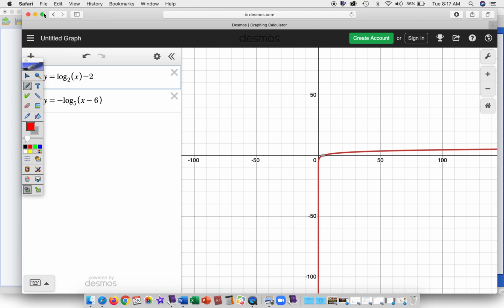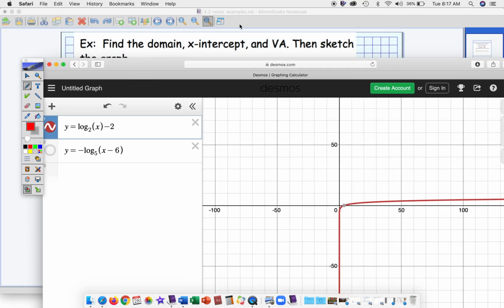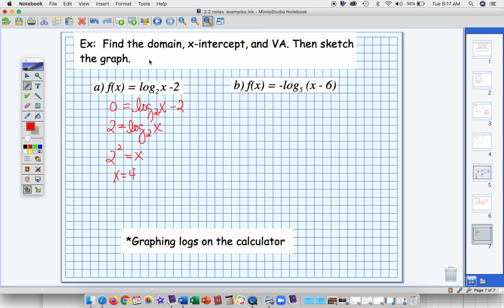So for both of those things, the domain would still be from 0 to infinity, and the vertical asymptote would still be the vertical line x equal to 0.